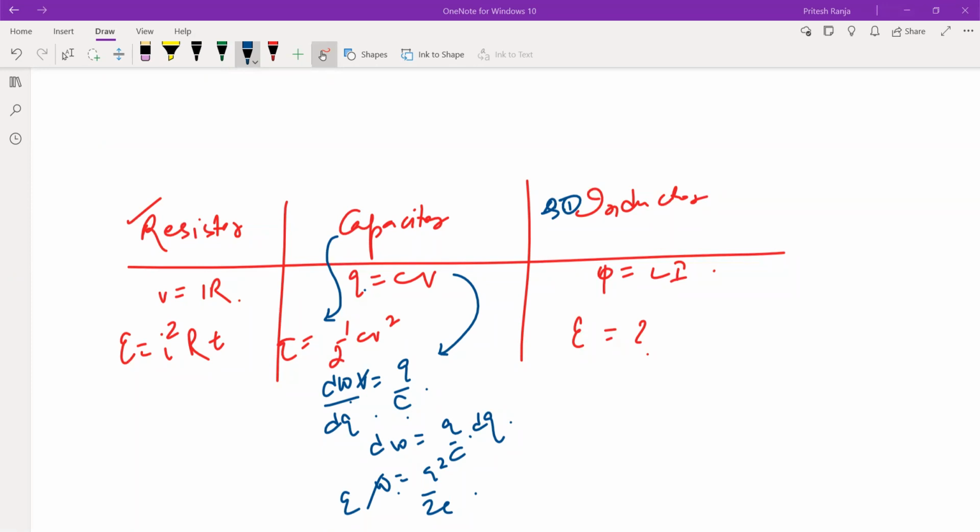Let us figure out the energy stored. We know the EMF induced in the inductor is equal to L di by dt, right? This EMF is due to the flow of current. Now EMF we can write as dW by dQ, right?